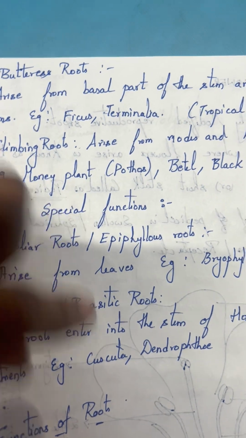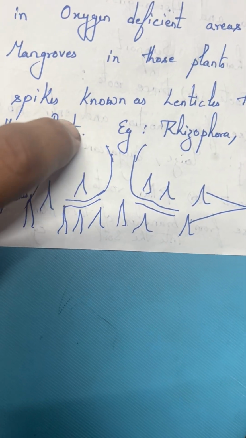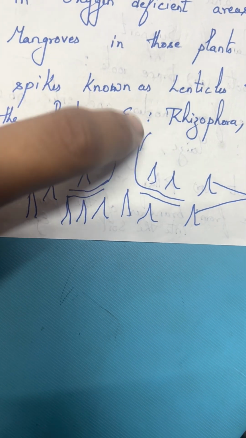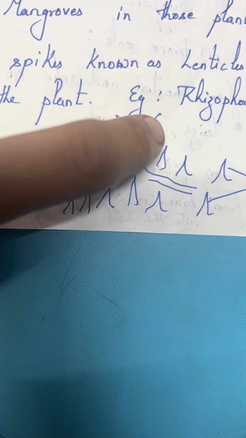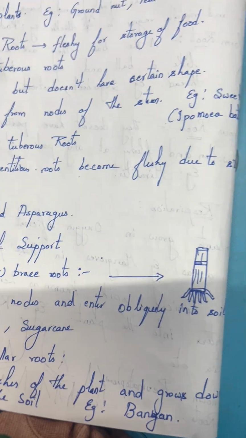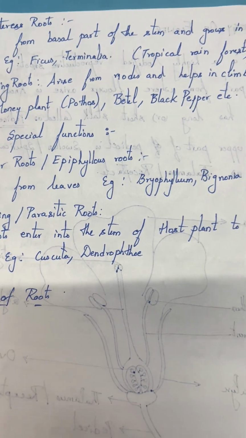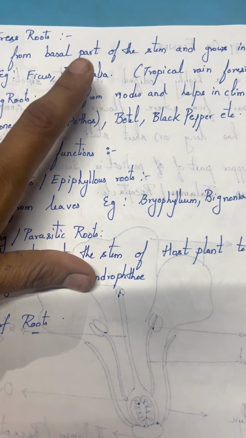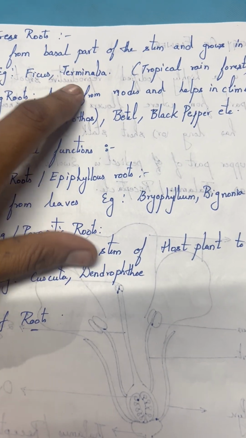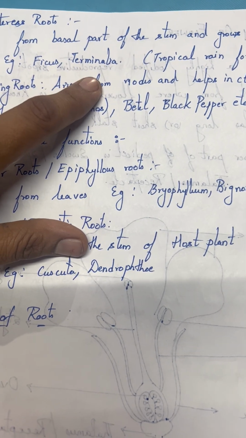If you see in this image, the roots are developed from the basal part of the stems and grow in different directions. Examples, ficus, terminalia. Mostly in tropical rainforest areas these types of buttress roots are seen.